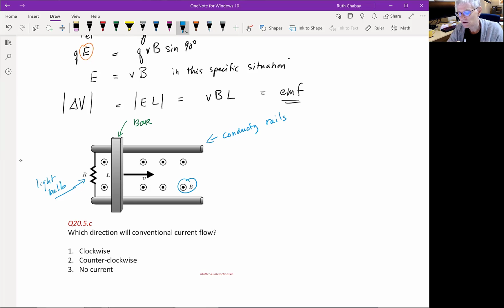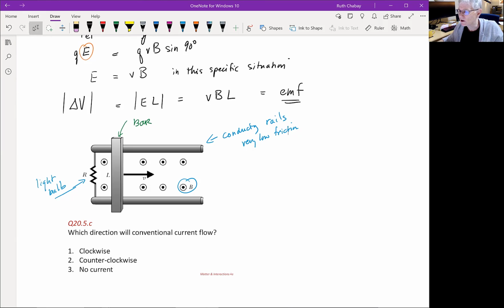And so presumably we could light the light bulb by doing this. And by the way, we're sliding it along conducting rails at very low friction. But that's okay, because you're pulling on it to slide it, so you're going to make up for any frictional losses.